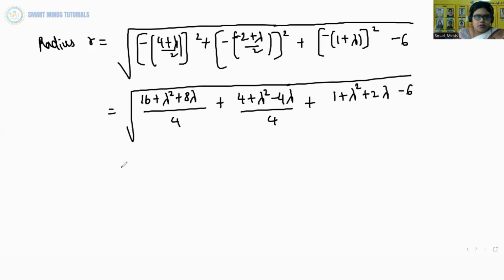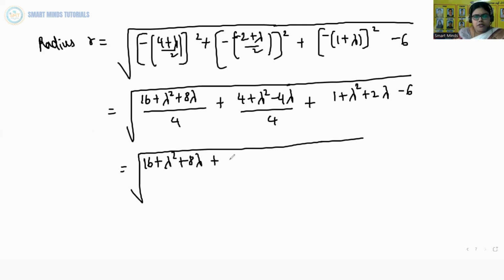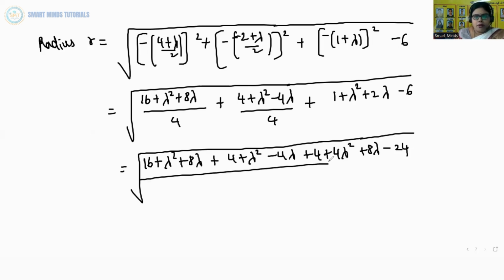So that is equal to square root of, if I take LCM, we get (16 plus lambda square plus 8 lambda plus 4 plus lambda square minus 4 lambda plus 4 plus 4 lambda square plus 8 lambda minus 24) whole divided by 4. So that is root over.